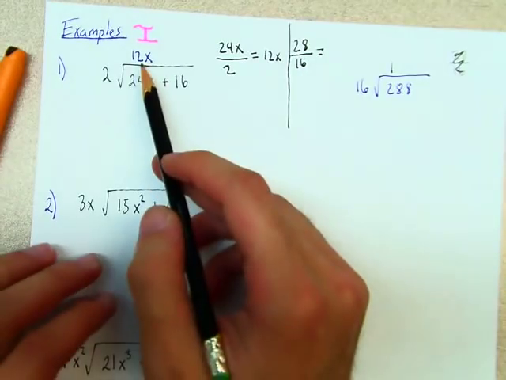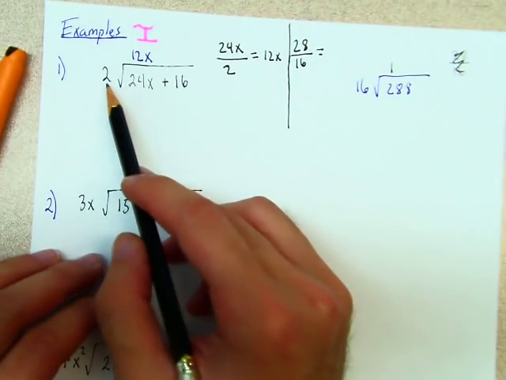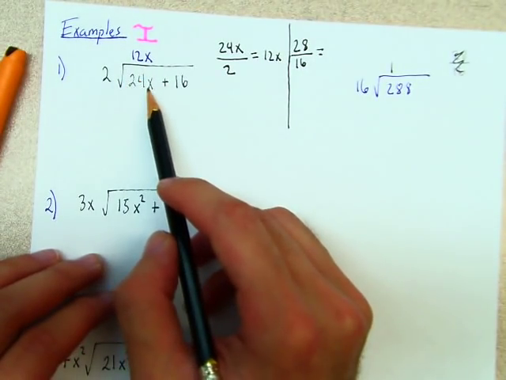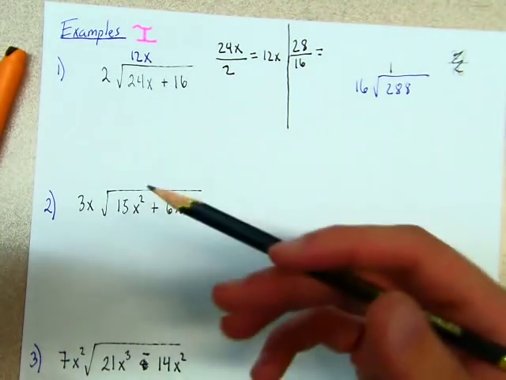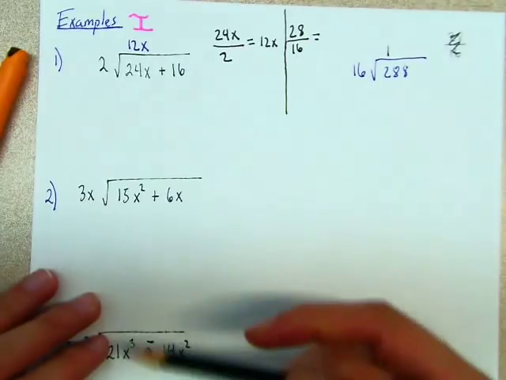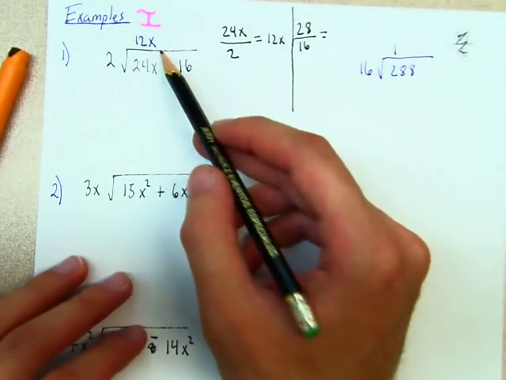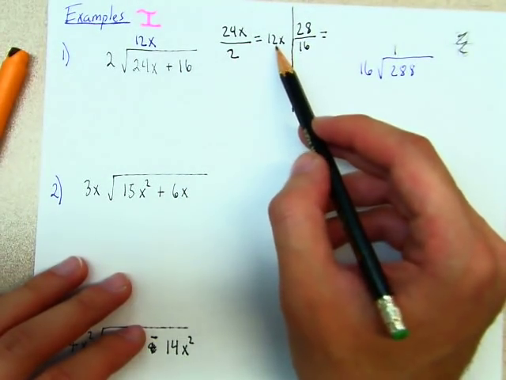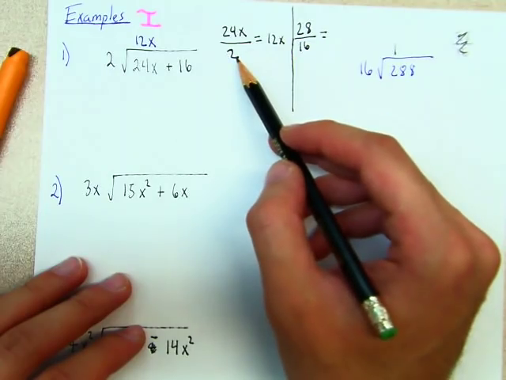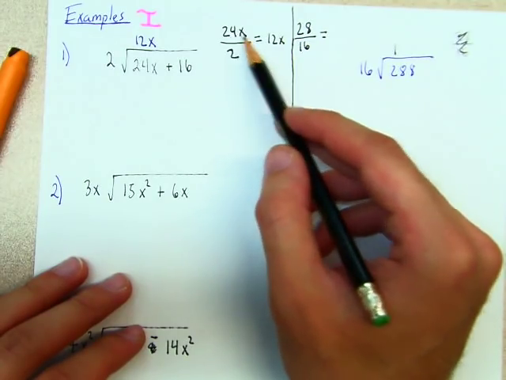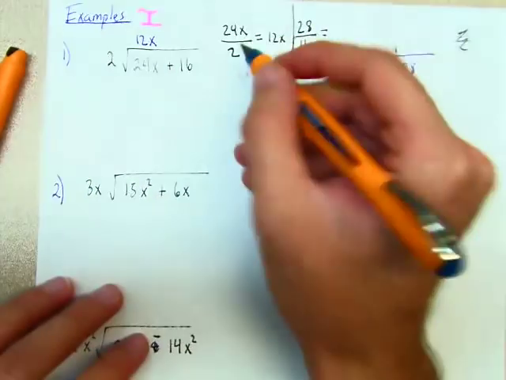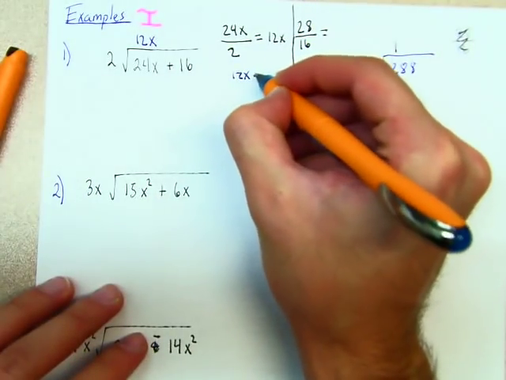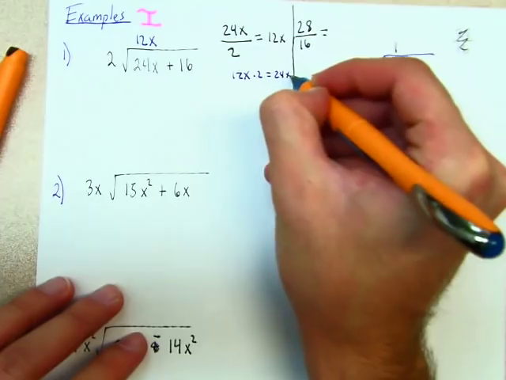I know it sounds a little weird to say 2 goes into 24x, 12x times, but that's what it will sound like for a lot of these questions. And how can you check to see if you're good? This 12x times 2 is what? 24x, right? 12x times 2 is 24x, okay?